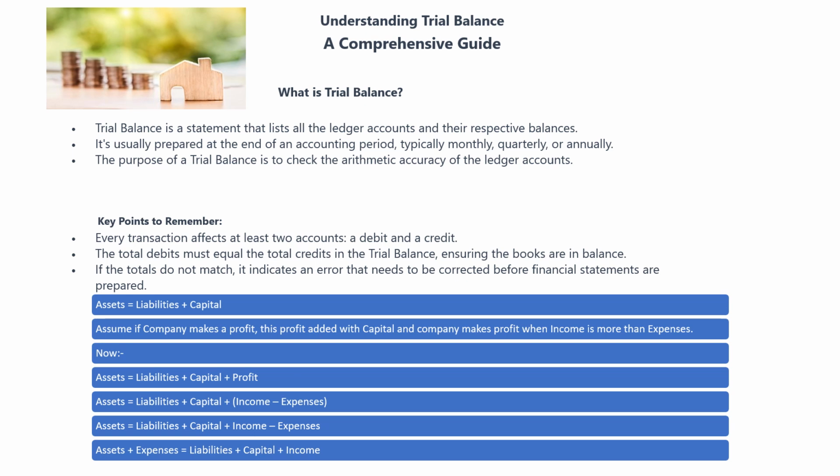Our second key point is that the total debit side must be equal to the total credit side. And the third key point is that if the trial balance doesn't agree on both sides, you can be sure that you have made mistakes in journalizing the transactions.